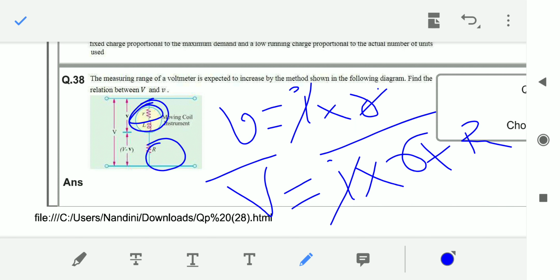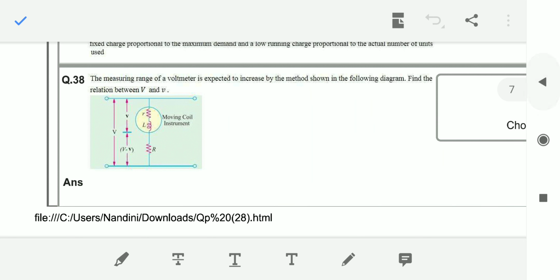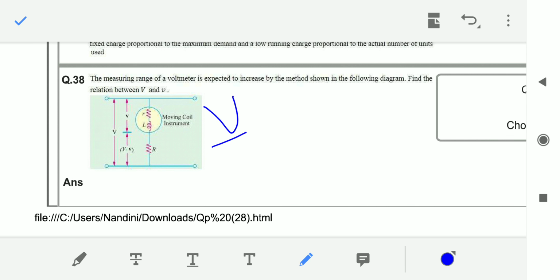So capital V by small v is equal to small r plus capital R by small r, right?